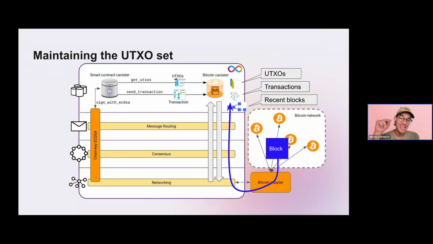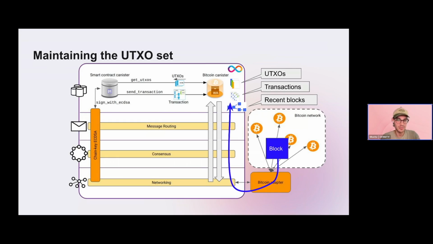The adapter on each replica of the subnet then obtains the latest blocks that the Bitcoin canister hasn't seen yet from the Bitcoin network. One of the replicas is the block making replica, the one that proposes the next block for this round, and it provides the requested blocks to the canister. This block then goes through consensus on the internet computer.